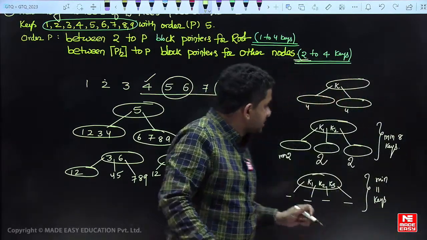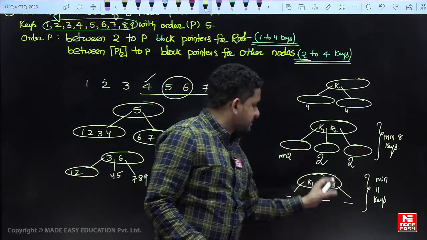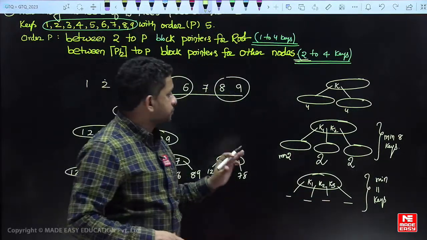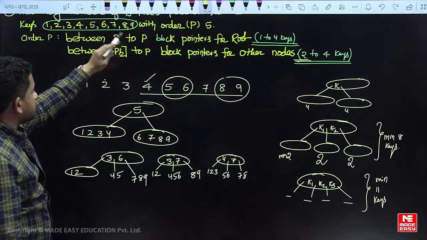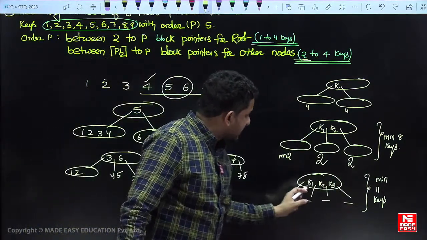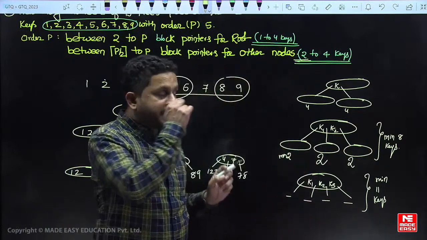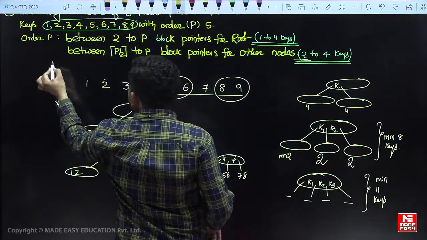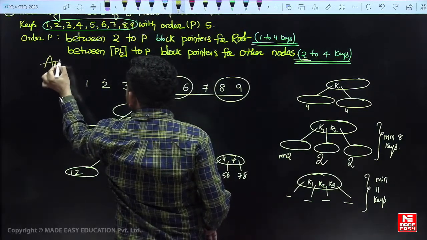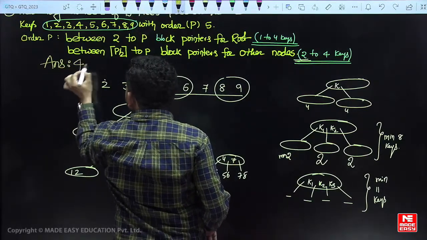There is no chance to go for 3 keys in the root. The root can have 1 key and the root can have 2 keys for the given set of keys. If you have at least 11 keys, then it is also one possibility. So no other possibilities exist. So the answer to this case is a total of 4 B trees.